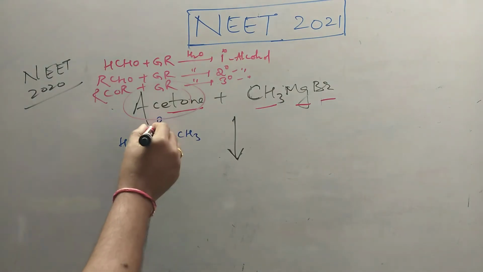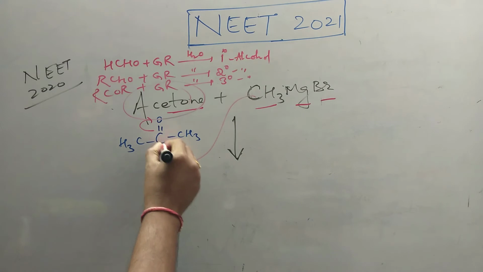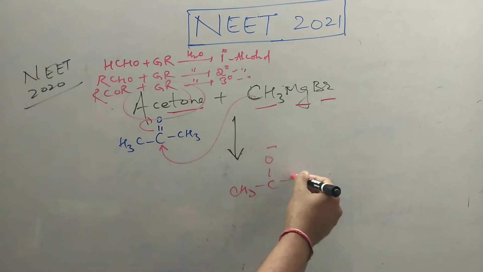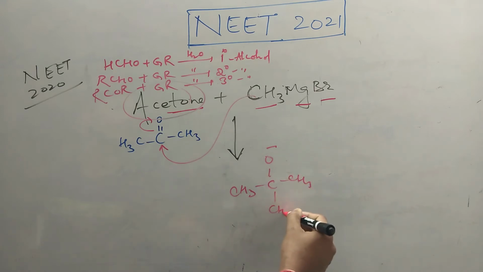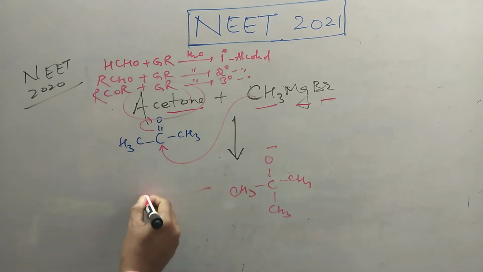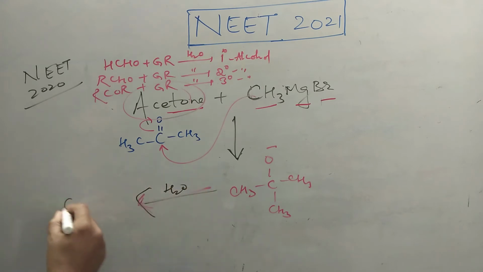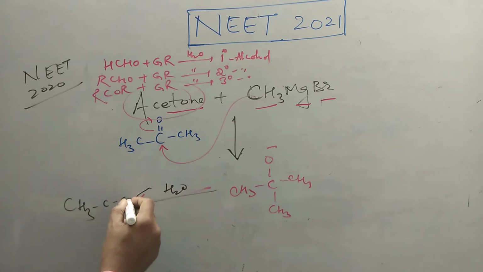So what happens here, this methyl group will attack here. So it will form CH3COCH3 with the CH3 added, and now hydrolysis will give you the desired product, (CH3)3COH.